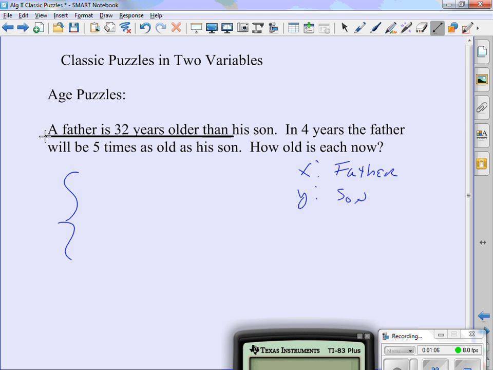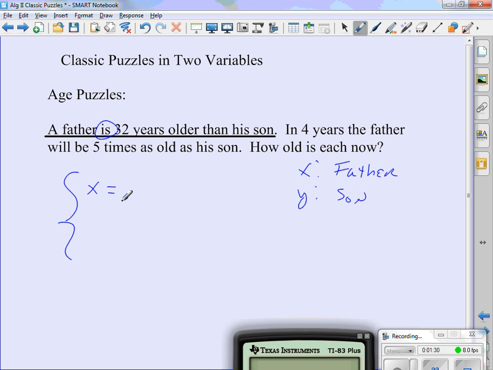The first one is right here. A father is 32 years older than his son. How can I change that from words into a linear equation? X is usually means equals.